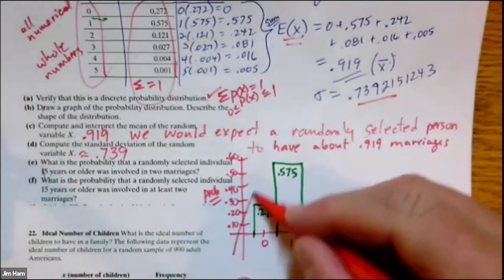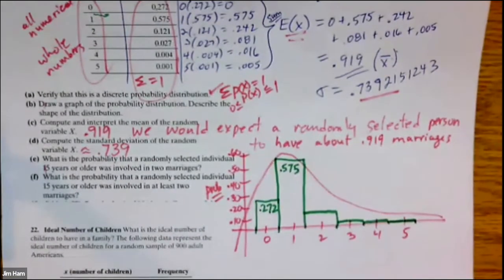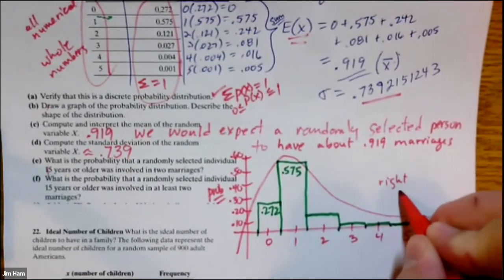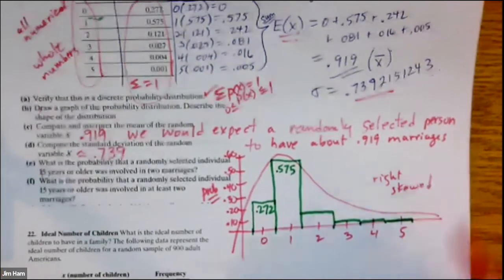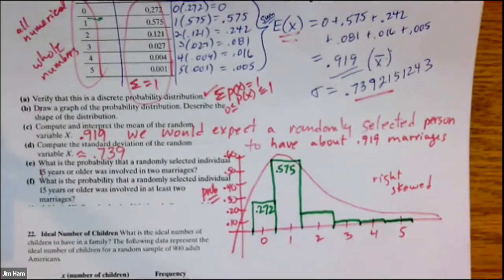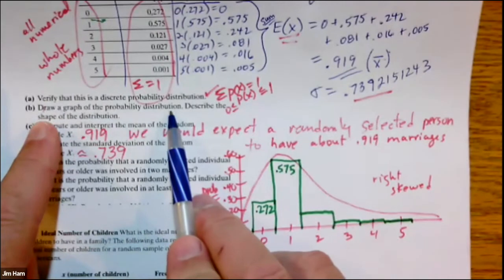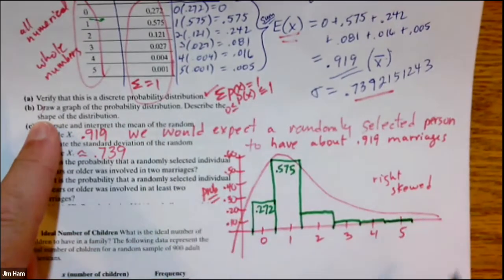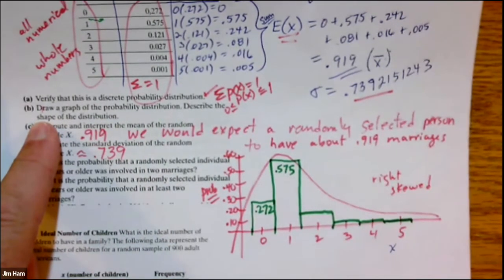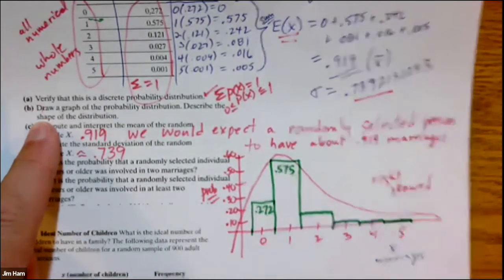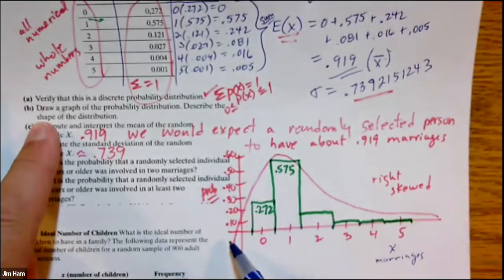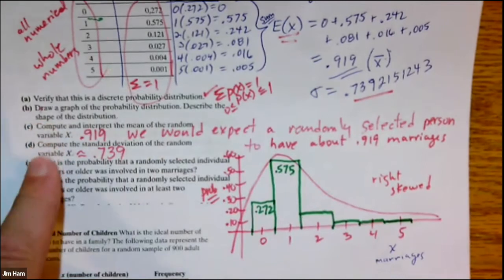So this is definitely a right-skewed graph. So where it says in part B, draw the graph of the probability distribution, just graph all of your x's, which is marriages, and then the probabilities. So you're basically graphing these as you would a histogram.